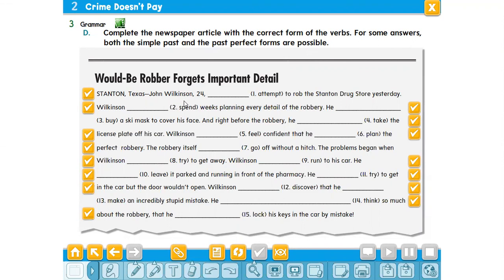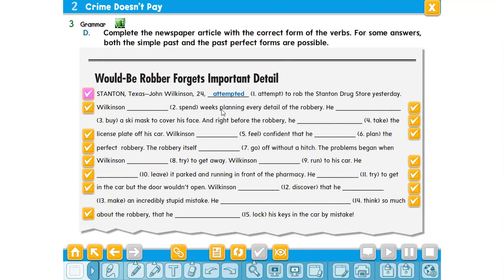John Wilkinson, 24, attempted to rob the Stanton drug store yesterday. Yesterday. So we will use past simple. Excellent. What is the past simple from attempt? Attempted. Excellent. It's a regular verb.